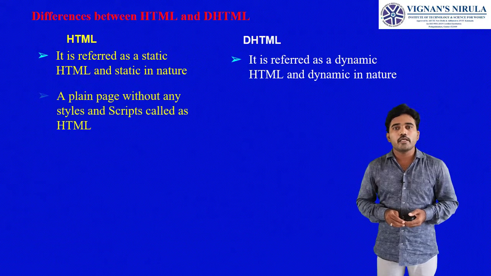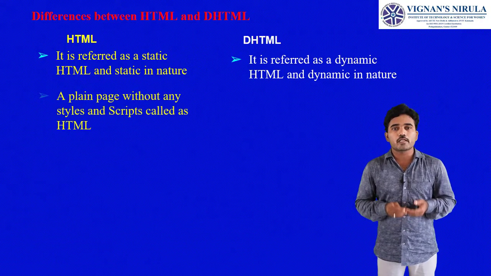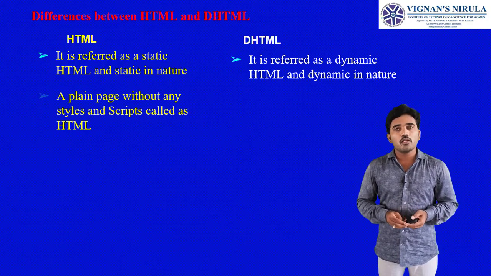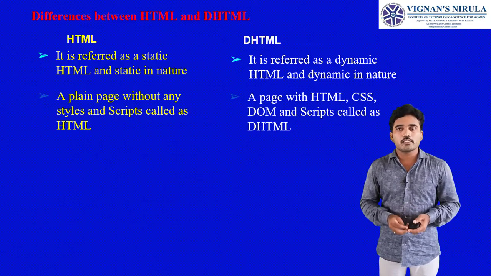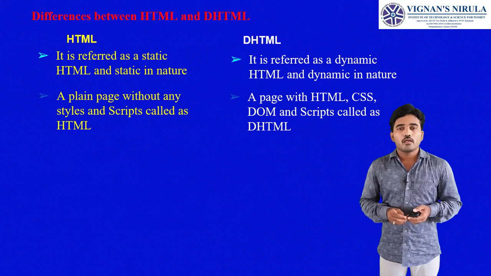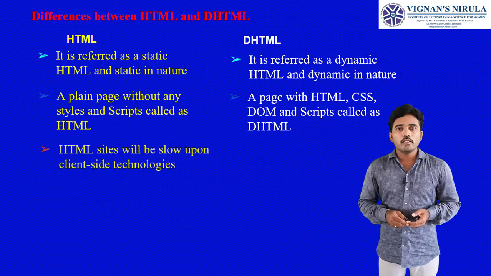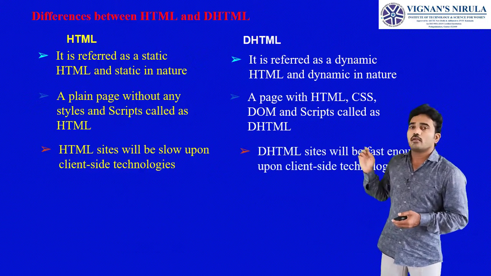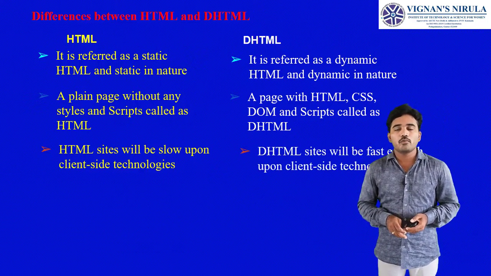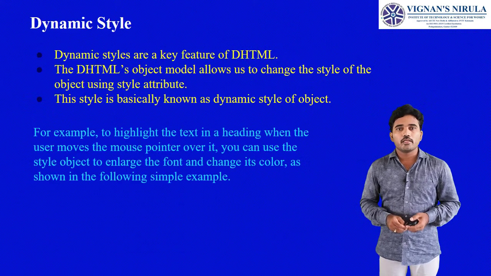Another one: a plain page without any styles and scripts is called HTML, and a page with HTML, CSS and DOM with scripts is called DHTML. HTML sites will be slow upon client side technologies, while DHTML sites will be fast enough. That is the difference between HTML and DHTML.